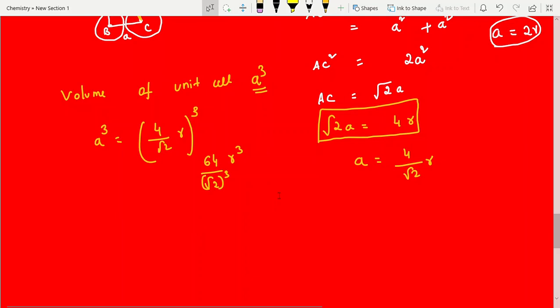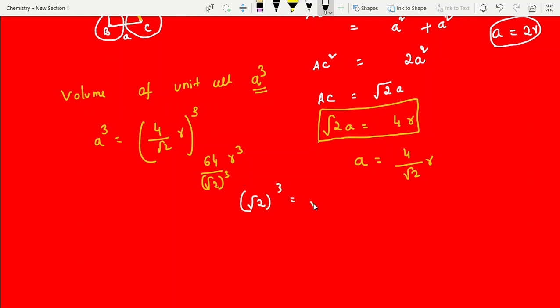Root 2 whole cube means I am writing here, root 2 whole square into root 2 power 1. Bases are same, powers are added, we know this point. Then afterwards you can see this root 2 and square gets cancelled.